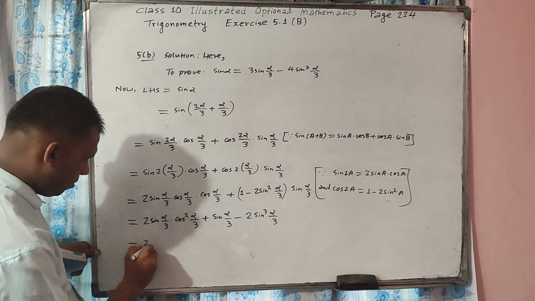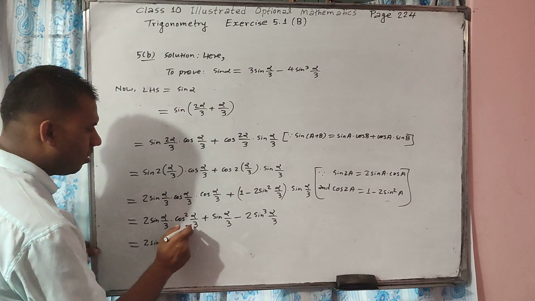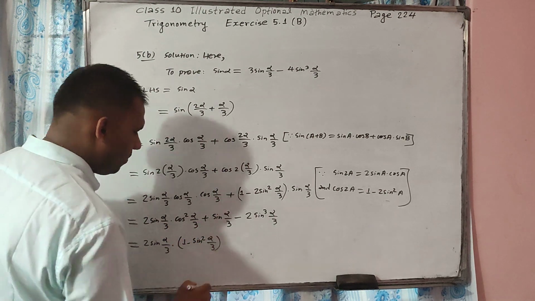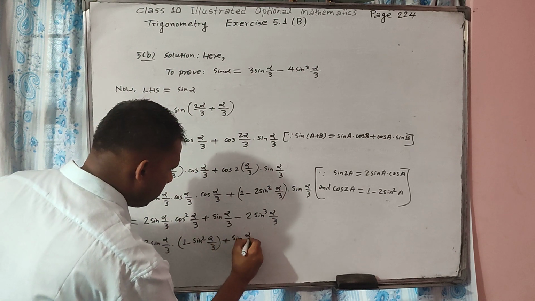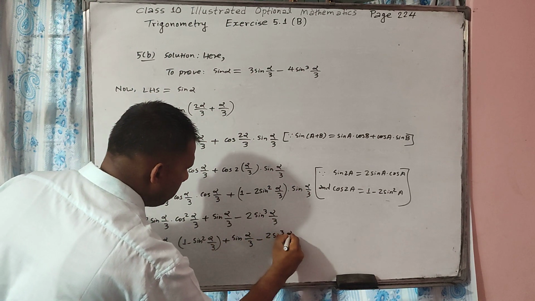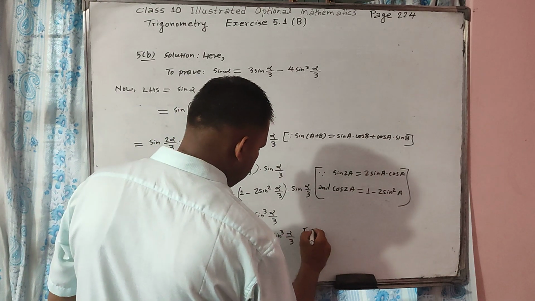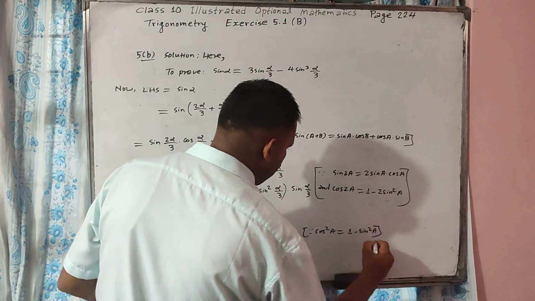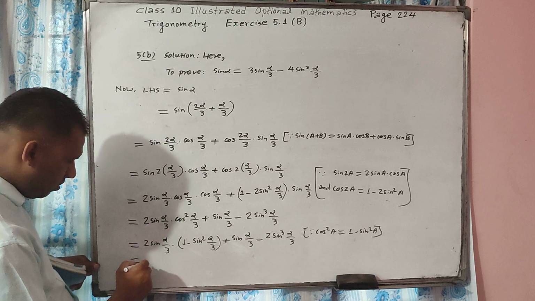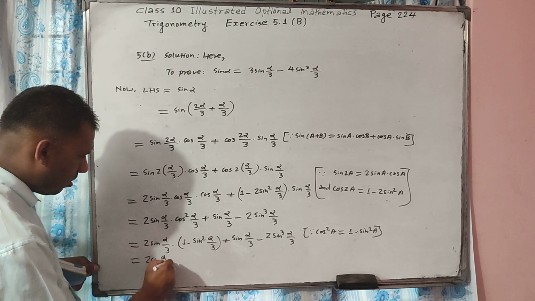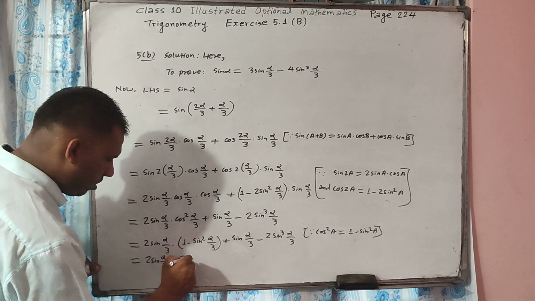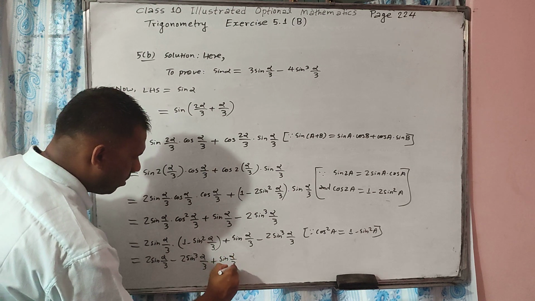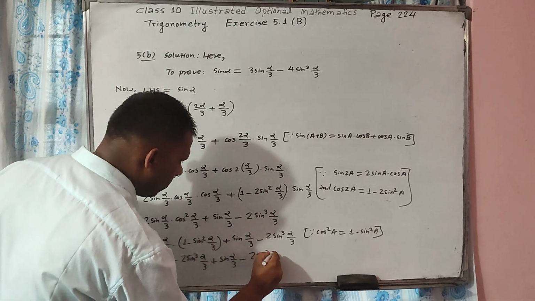Now this equals 2 sin alpha by 3 cos square alpha by 3, that is 1 minus sin square alpha by 3, plus sin alpha by 3 minus 2 sin cube, because cos square A equals 1 minus sin square A. Now open the bracket: this equals 2 sin alpha by 3 minus 2 sin cube alpha by 3 plus sin alpha by 3 minus 2 sin cube alpha by 3.